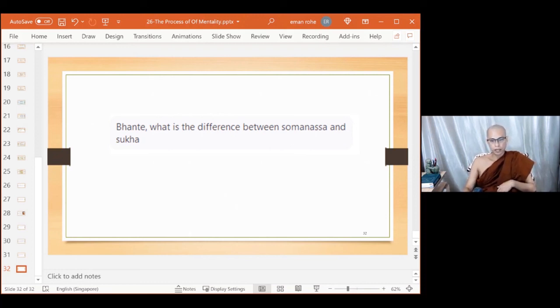And Somanasa does not need to be associated with the physical condition, so it arises only in the mind. Mental joy, joy only in the mentality, is Somanasa, and happiness based on the physical body is Sukha. So that is the difference. Both have the nature of pleasurable feeling.